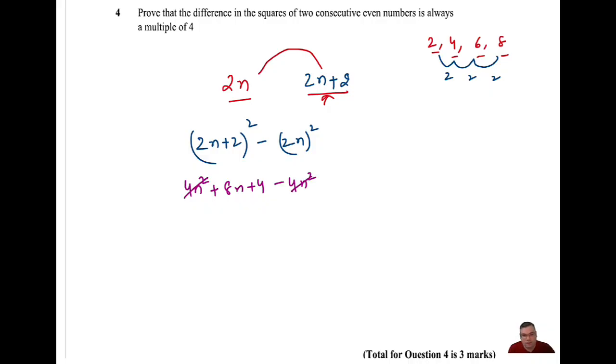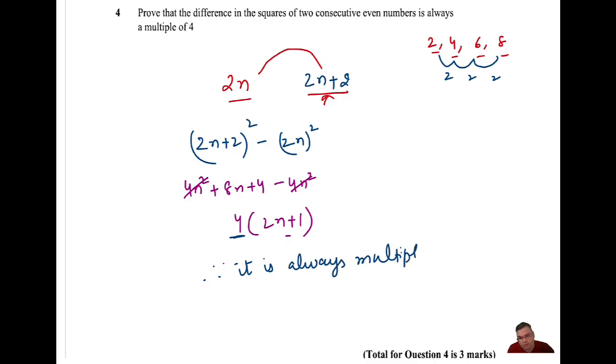This and this cancel out. Let's take 4 common: 4 times 2n plus 1. Here we can see this expression is multiplied by 4. Therefore, it is always a multiple of 4, right? I hope you understand. Take two consecutive even numbers, square them and take the difference, and you will get a multiple of 4.